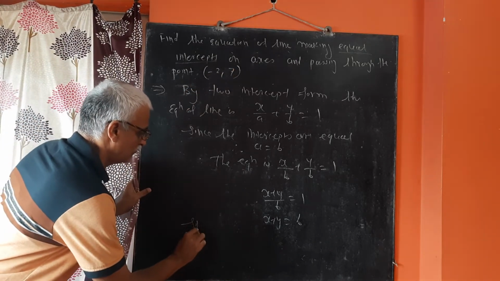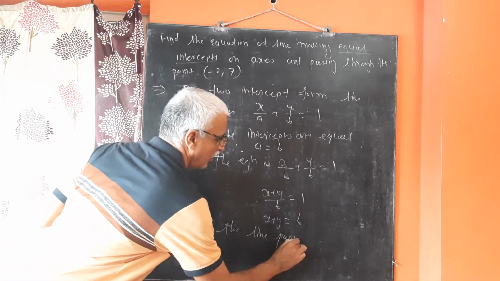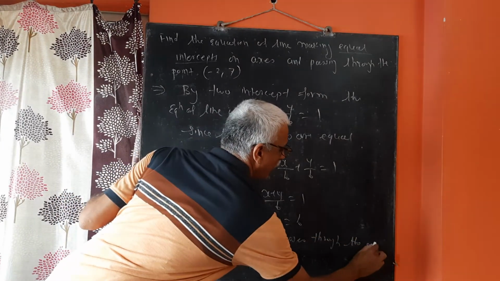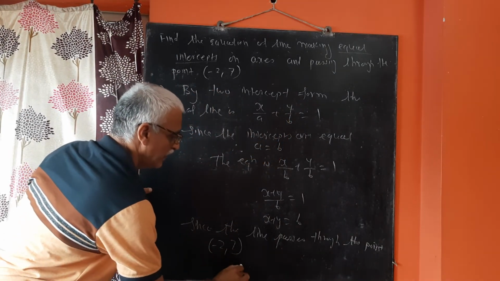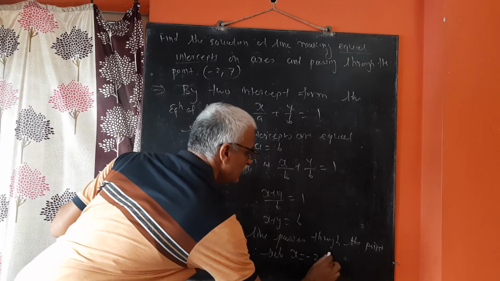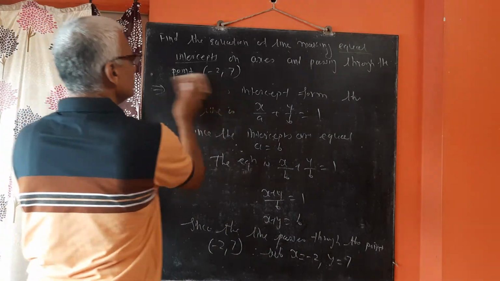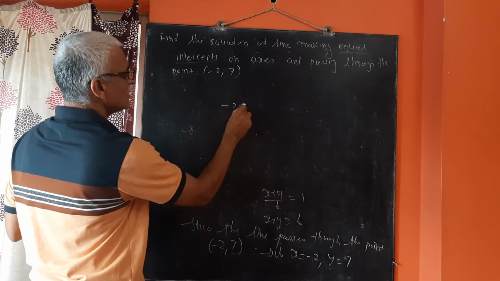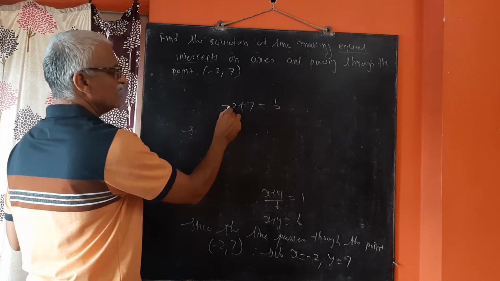Since the line passes through the point minus 2, 7, therefore substituting x equals to minus 2 and y equals to 7, we will get minus 2 plus 7 equals to b.